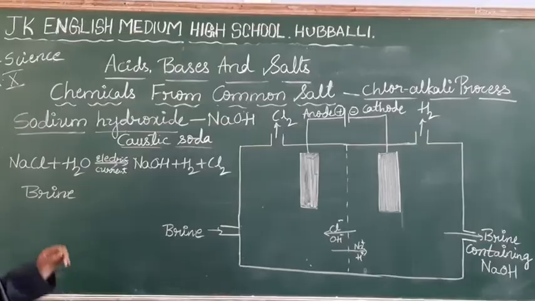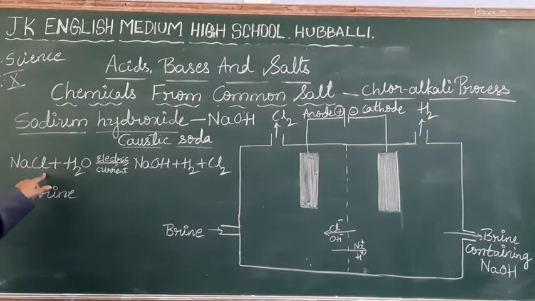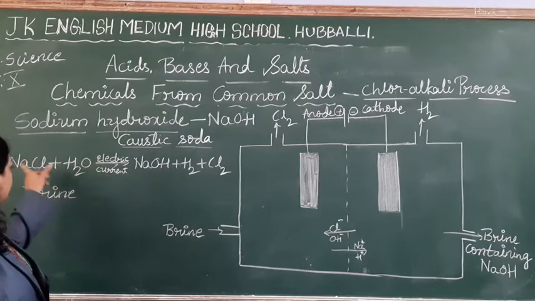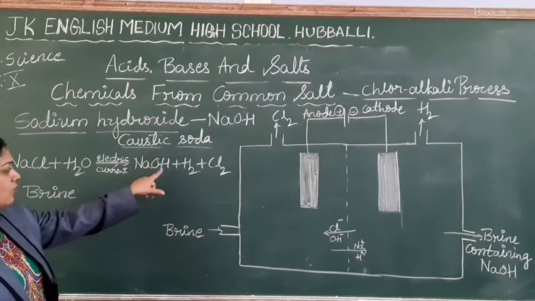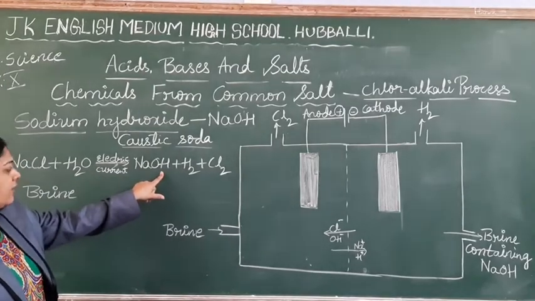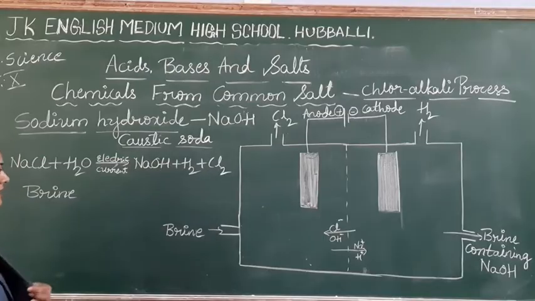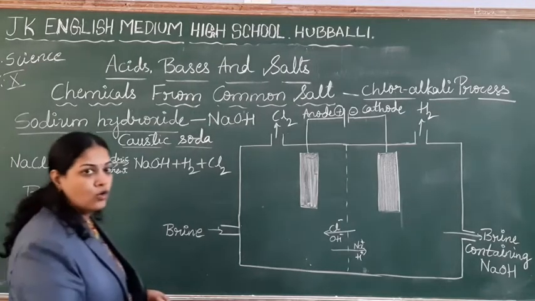Take the common salt, add it to water, and make an aqueous solution, called brine. When you pass electricity through the brine, it decomposes into NaOH, and hydrogen gas and chlorine gas are liberated. This is the way of manufacturing sodium hydroxide.